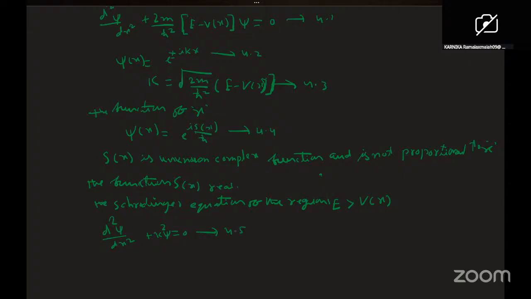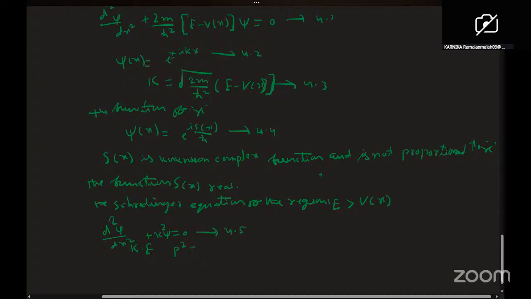So here, the kinetic energy formula: p square is equal to h-bar square k square. Okay.